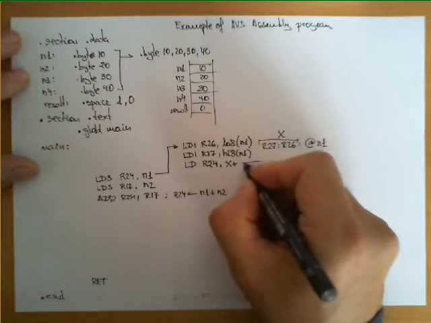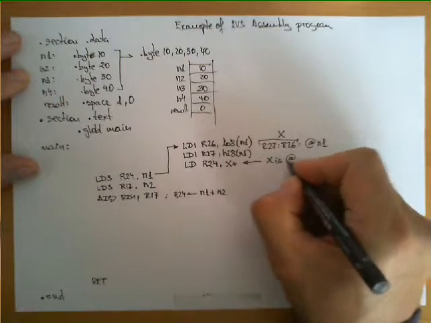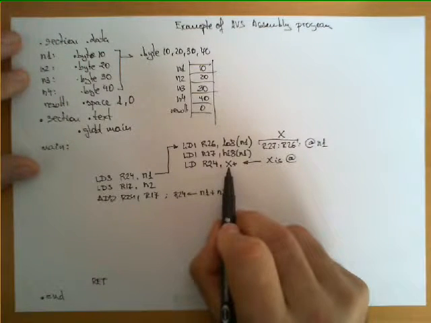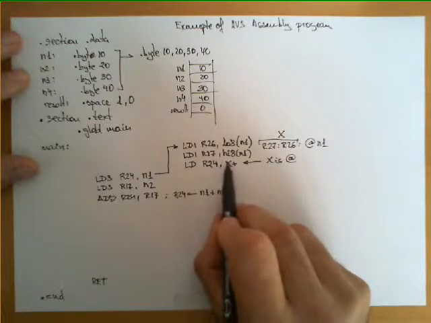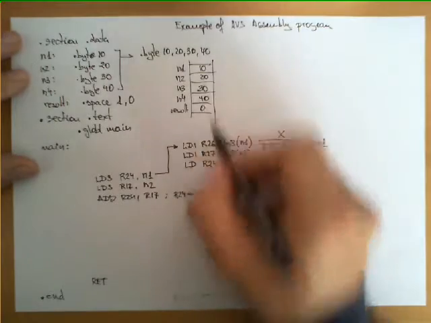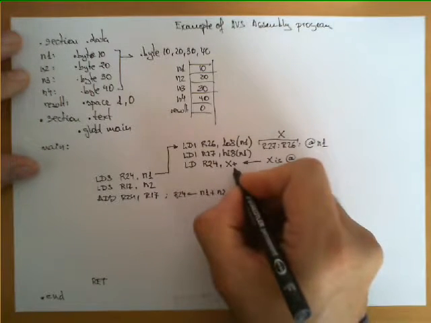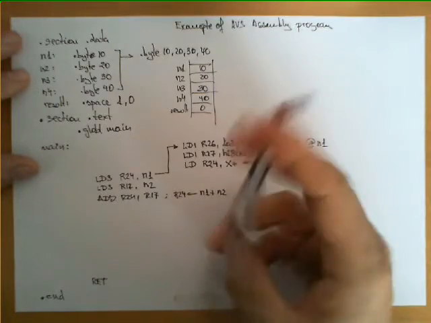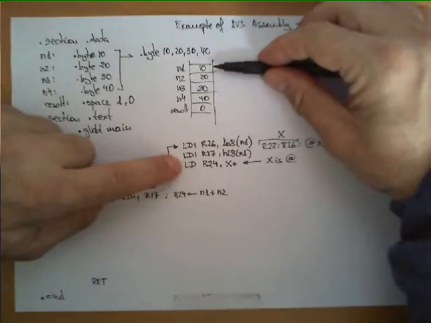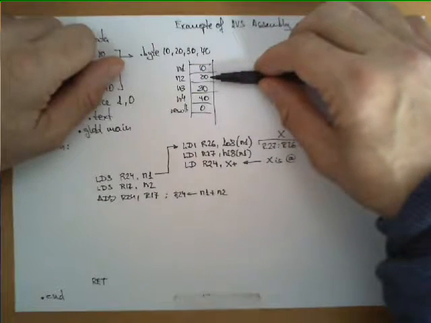So what I'm doing here is going to memory with an address which is stored in the register X. I'm going to memory where this location is pointing to, which is of course N1. I'm getting the value 10, I'm storing it in R24, but, and this is the important part, the register X is incremented, which means that X, which started with the address pointing to this number, after this instruction will have number 10 in R24, and the address will point to the next position.